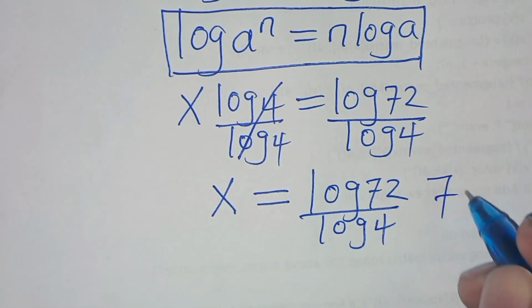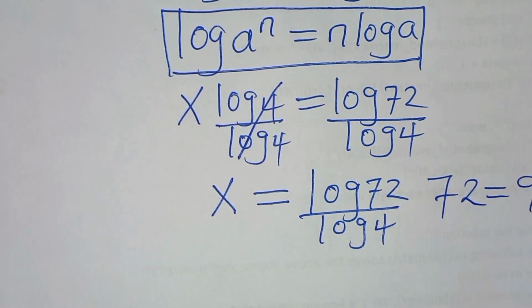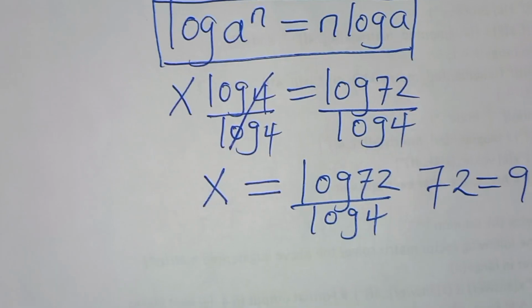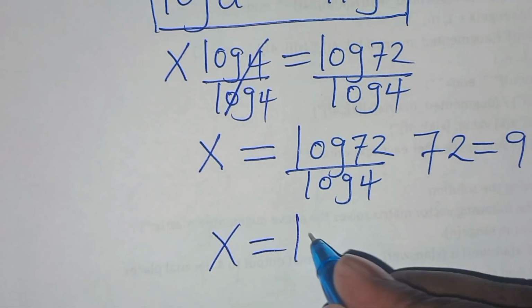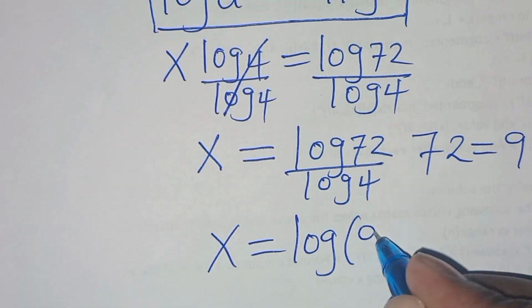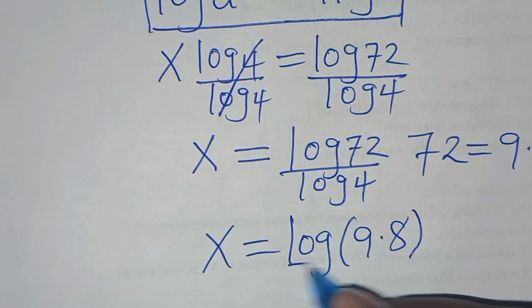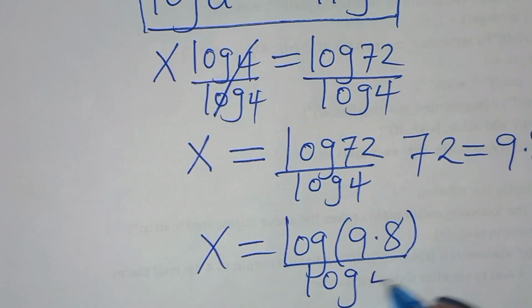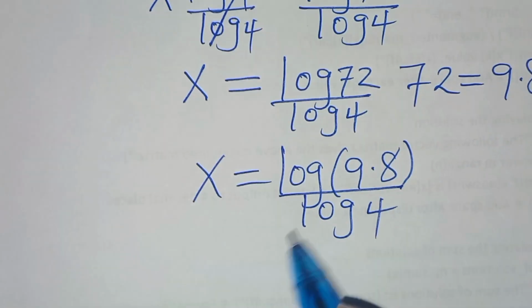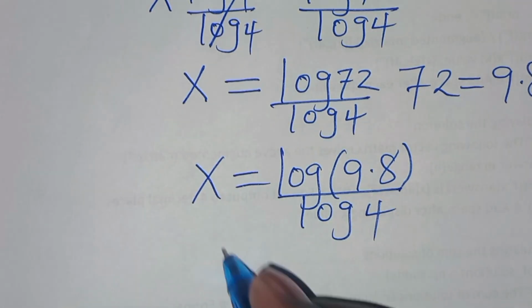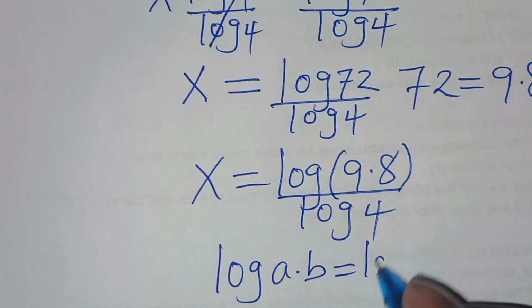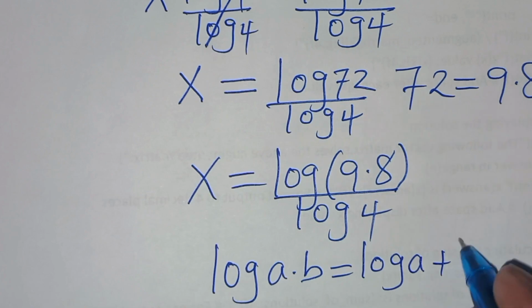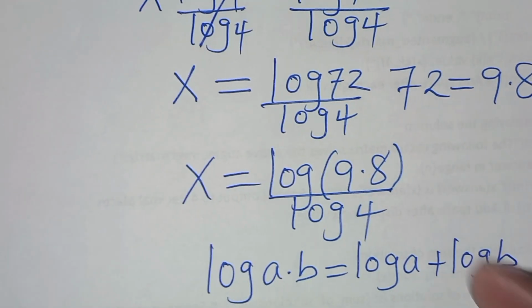We can express 72 as 9 times 8. So this implies that x will be equal to log 9 times 8 divided by log 4. Now, log 9 times 8 is in the form of log a times b, which we can express as log a plus log b.